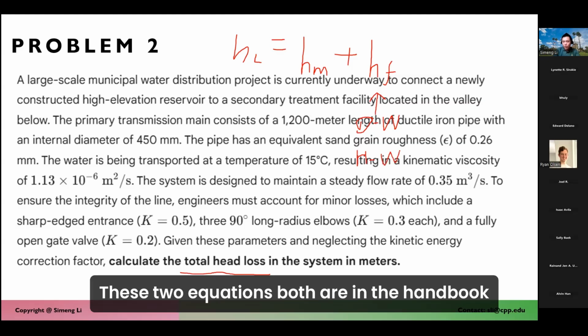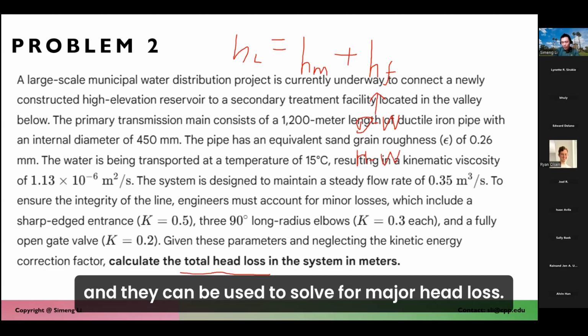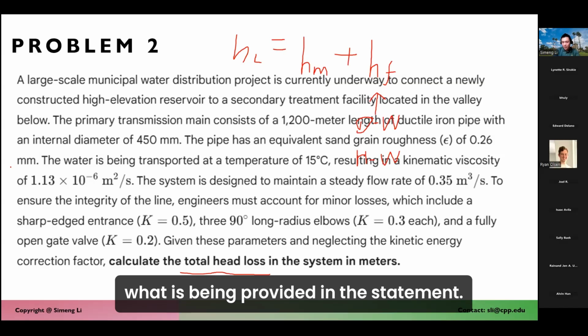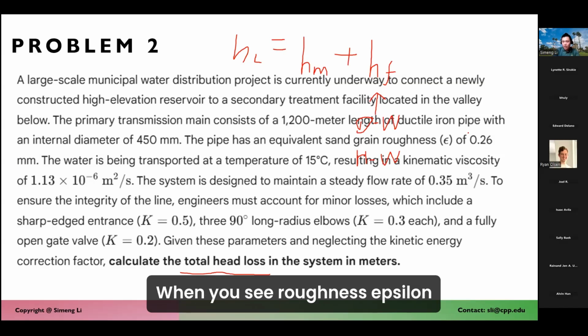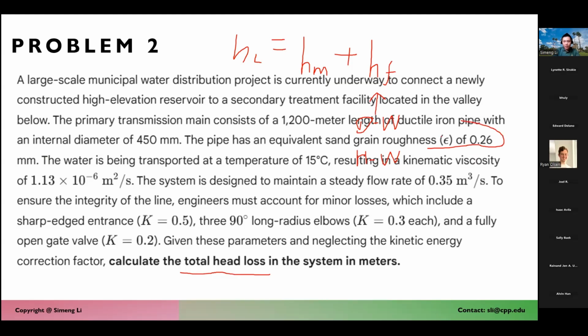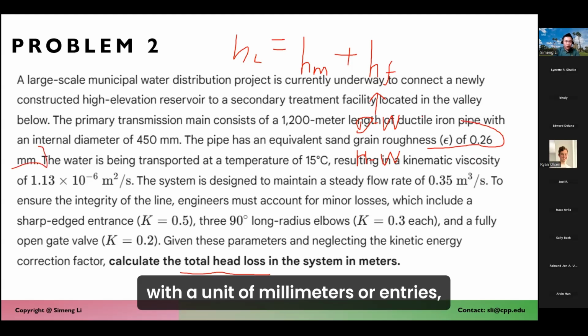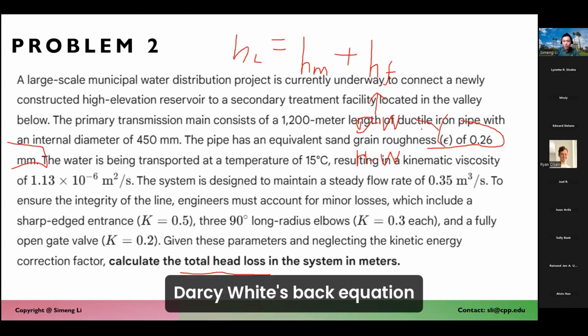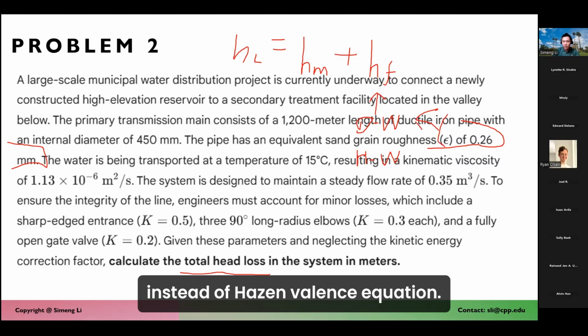These two equations are both in the handbook, and they can be used to solve for major head loss. However, you are going to choose one of them according to what is being provided in the statement. When you see roughness epsilon with a unit of millimeters or inches, this is a sign that you are going to use the Darcy-Weisbach equation instead of the Hazen-Williams equation.